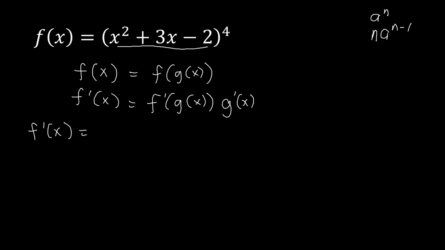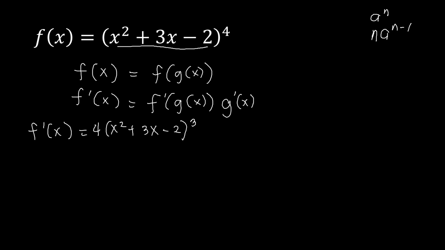We are to apply that concept here, in which our a is the entire x squared plus 3x minus 2. That becomes our base, and it is being raised to an n, which is our 4. Getting the derivative of that, we put down the 4 beside the base, and then copy the base, x squared plus 3x minus 2, raised to a power of 4 minus 1, which is 3.